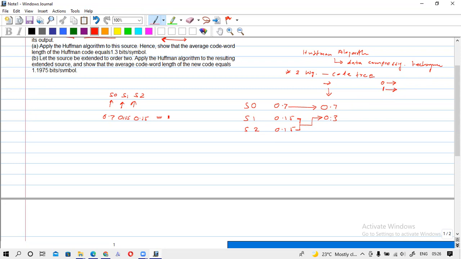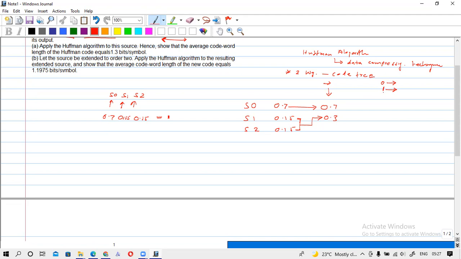So after reducing, at the final stage we will get only 2 probabilities, and we have to assign the bits for those 2 probabilities. We have only 2 bits now, 0 and 1.